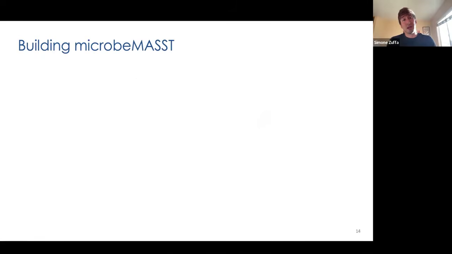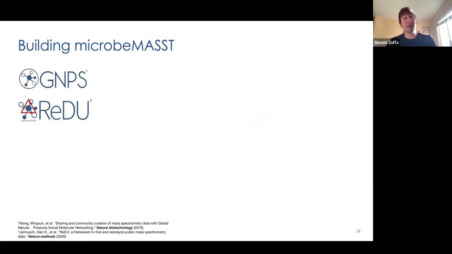So how did we build MicroBus? We started by scraping all the public repository data that we have in the GNPS MassIVE ecosystem. For those not familiar with that, there are mainly three metabolomics repositories: MetaboLights, Metabolomics Workbench, and GNPS MassIVE. So we focused on the one that we mainly curated.